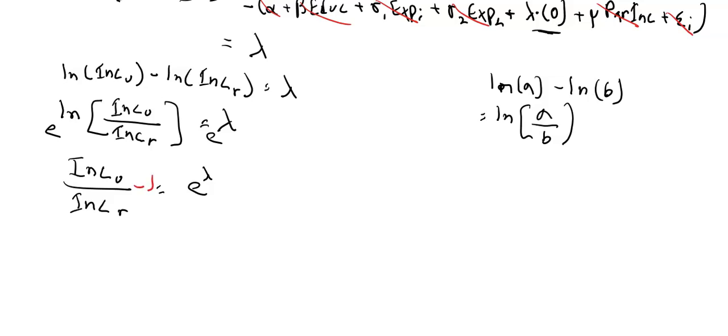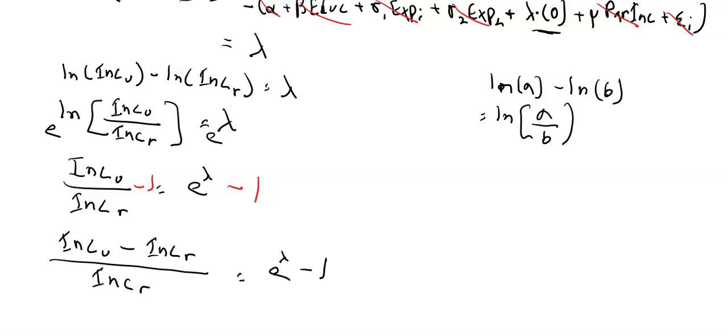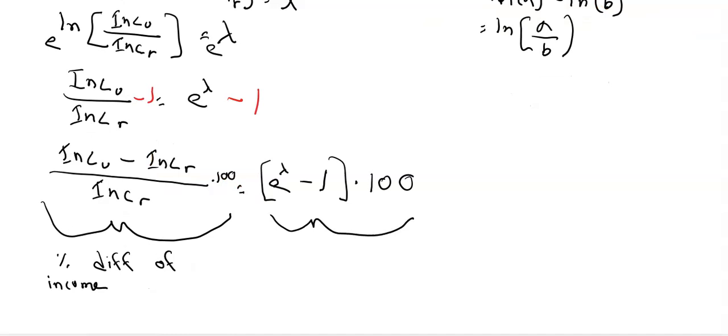If I solve it out, it will be income of urban minus income of rural divided by income of rural equals that value. If I multiply both sides by 100, this is the formula: e raised to the power lambda minus 1, times 100.